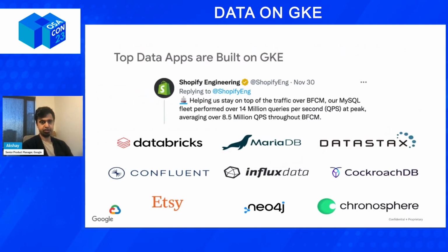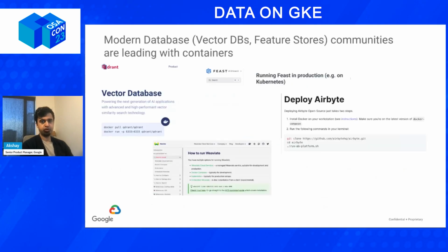Here are some of the apps built on top of us. A lot of stateful apps are built on Kubernetes. This is just giving you some names, to give you a sense that this is a real thing. What we're seeing is that some of the more modern vector databases and feature stores, the more hipster databases associated with AI/ML, are now leading with Kubernetes.